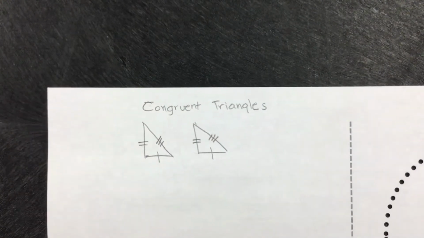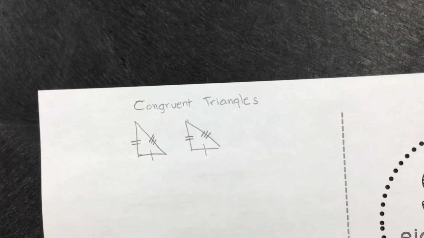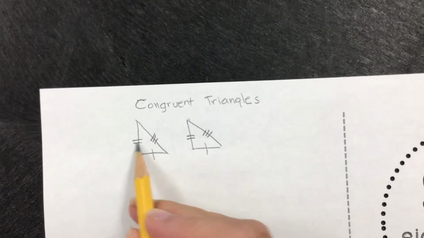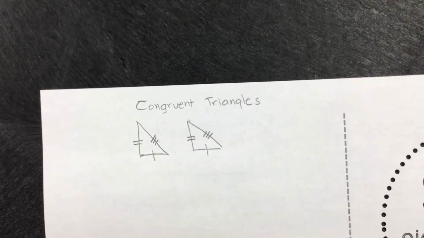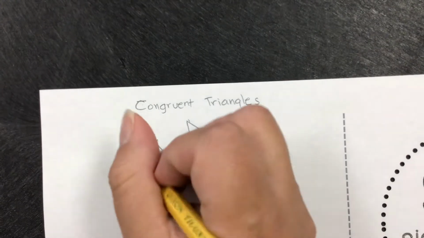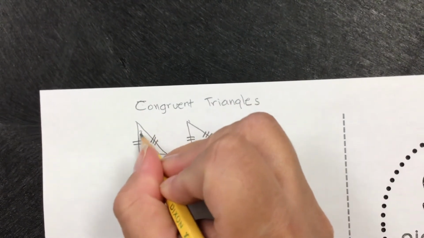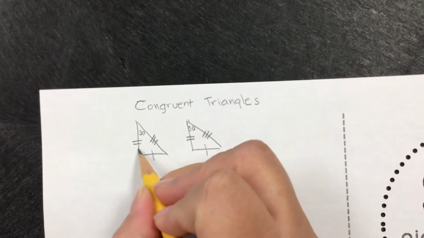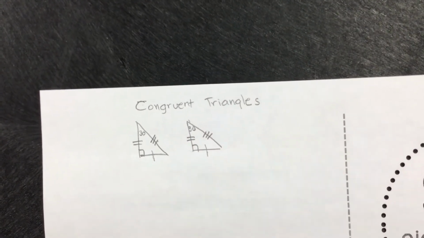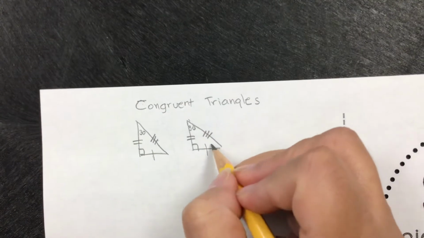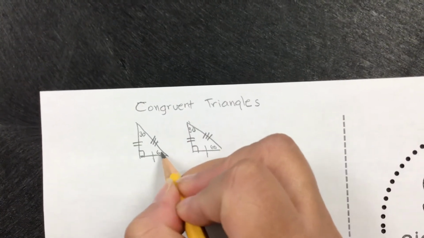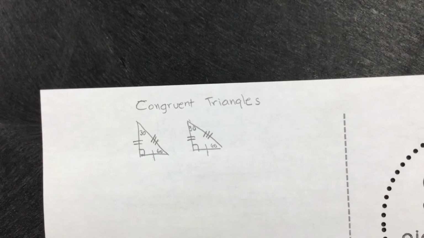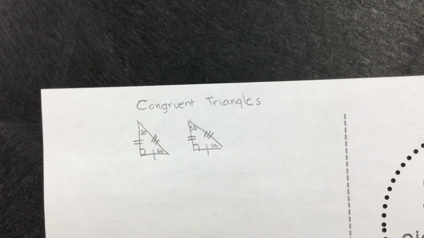They don't have to be the same side, the same size, but all the sides have a corresponding side that is equal to the other. They also have to have congruent angles. So I'm going to put angle measurements, 30 and 30, and then I'm going to note like this for 90, and then 60 and 60. To be congruent means that all the sides and all the angles are congruent.